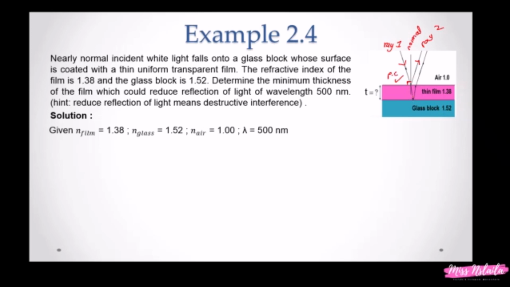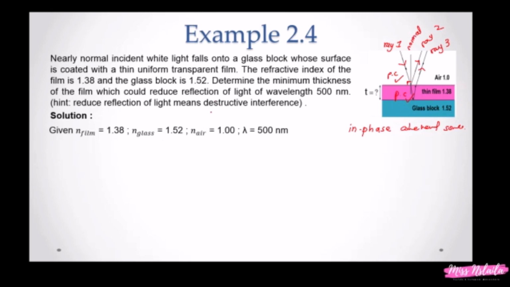Meanwhile, at this point, when ray 3 reflects, it is from less dense to a denser medium. So yes, it also has the phase change. So when both reflected rays 2 and 3 have phase change, they will act as in-phase coherent source.